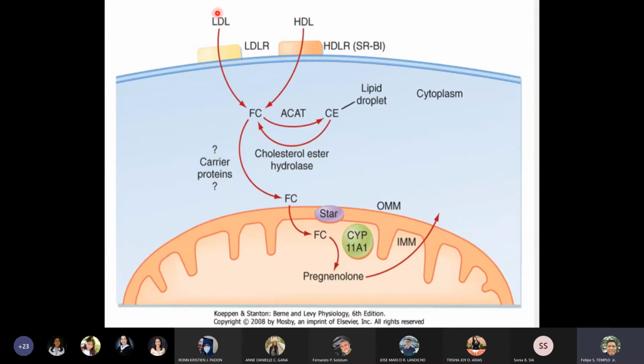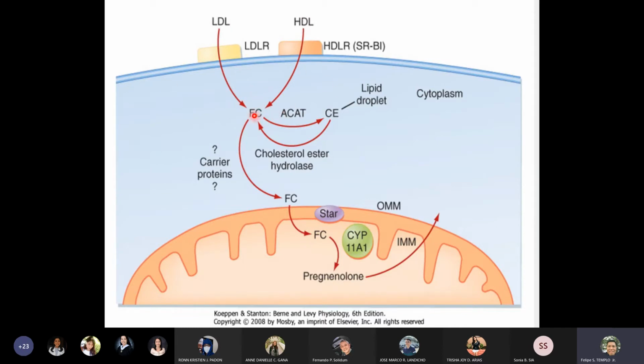So these are some of the values. Take note here, it is synthesized as needed. So most likely, let's say you are subject to chronic stress or some other stimuli, you produce more of these corticosteroid hormones. Specifically, the precursor is cholesterol, specifically your LDL. Your LDL will carry free cholesterol inside the cytosol of your cells.